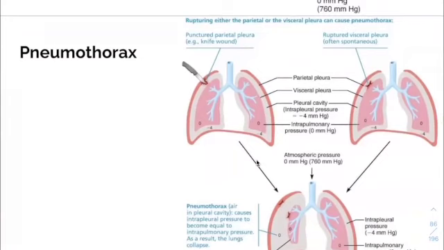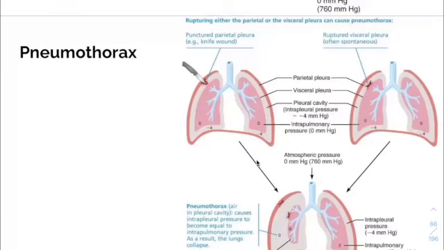But what happens when we have a pneumothorax? A pneumothorax is when something punctures the lung and air escapes out of the lung into the pleural cavity. The first picture shows when a knife first goes into the pleural cavity, into the lung.